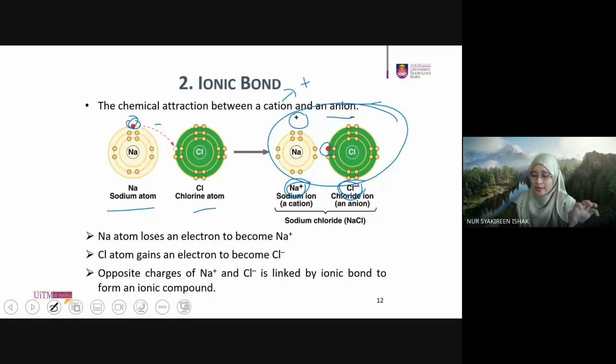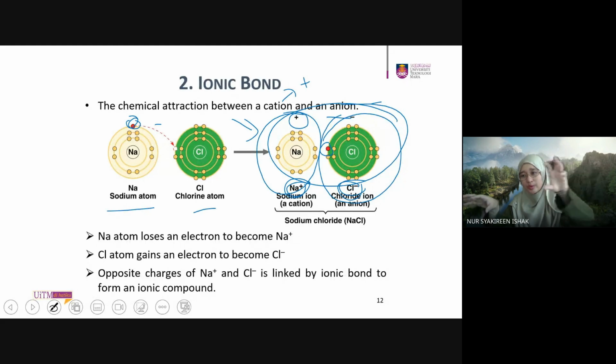So the sodium ion will be surrounded by water molecules. Chloride ion also will be surrounded by water molecules. These two ions that are surrounded by water molecules, we call it a hydration shell. So when water molecules surround a cation or anion or any other polar molecule, it forms a hydration shell, making that molecule or compound dissolve in water.